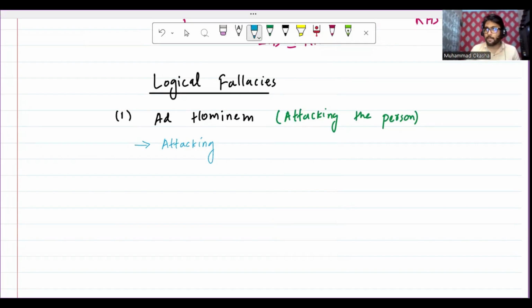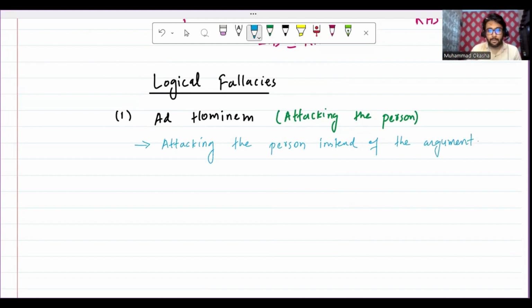For example, some person says something about climate change. You say, well, I don't trust you. I don't think what you're saying is right because you're a stupid person. Right? This is ad hominem, attacking the person instead of the argument.